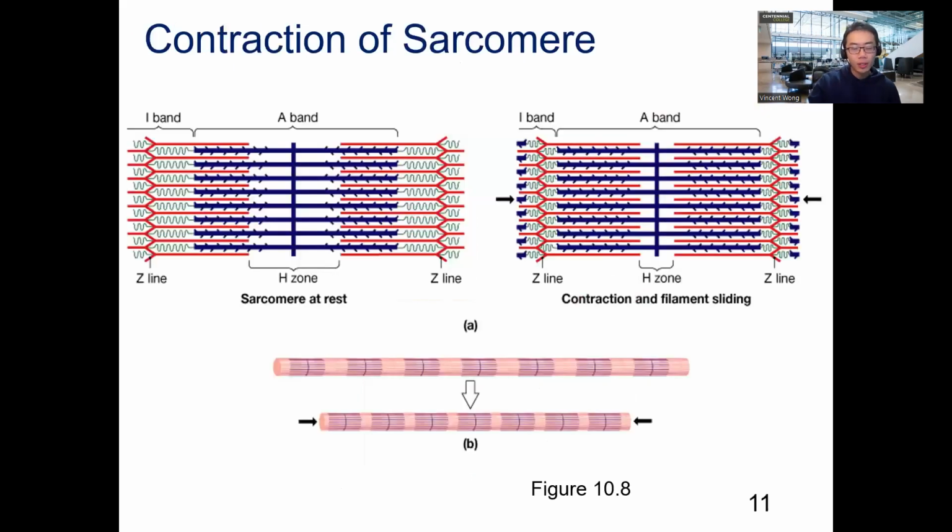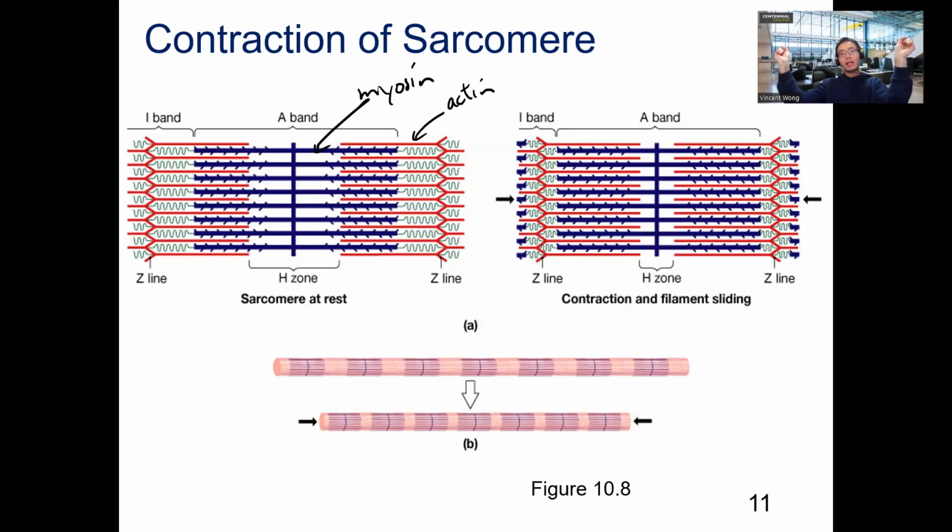Okay, so basically it looks like this. Let's see if I have a picture here. These thick blue lines are the myosin, and the red ones are the actin. Once the binding sites are exposed, all these myosin heads will grab onto these actins. Imagine my hands are the myosin head.